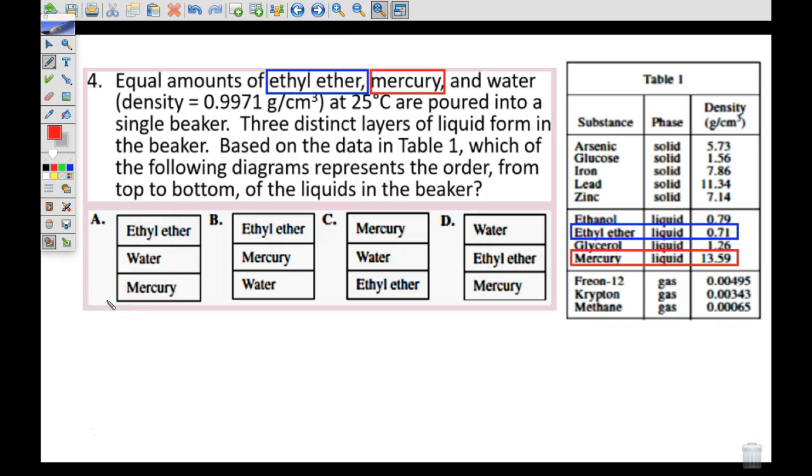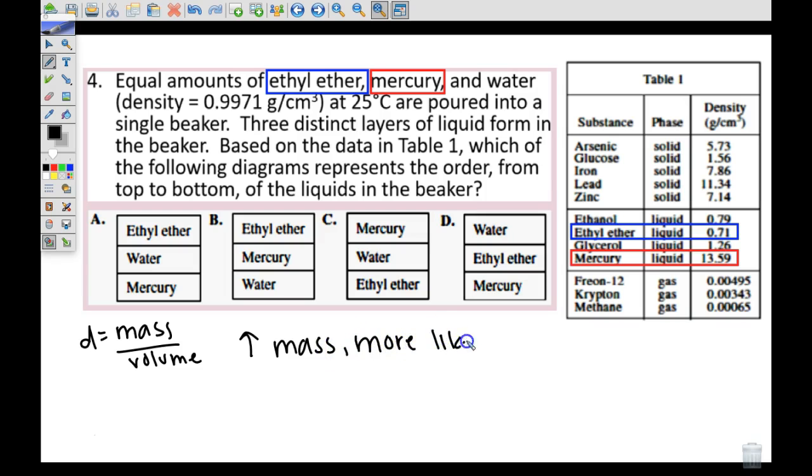Our last question focuses on your knowledge of density, which you've all covered in your chemistry classes. So density is equal to the mass of a substance divided by its unit volume. So what we're assuming is that you also know that the greater the mass, the more likely it is to sink. So we're given 3 substances. The first is ethyl ether with a density of 0.71.